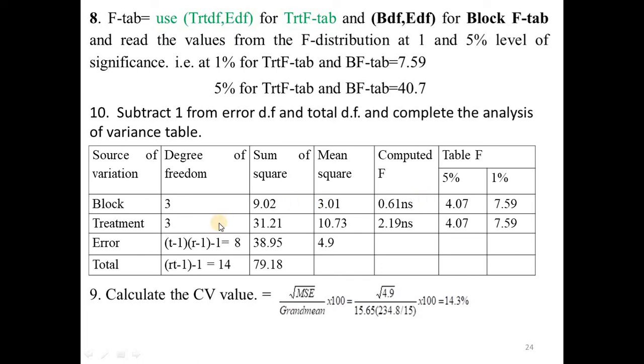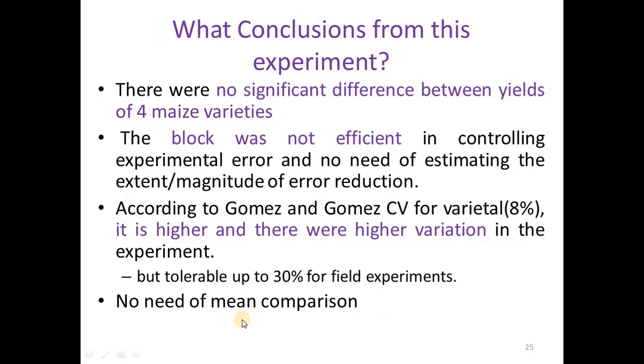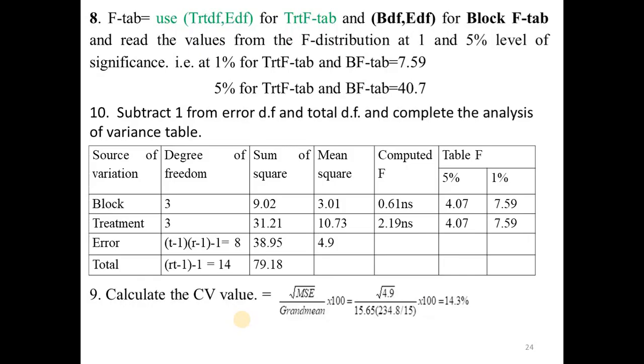Whereas when you see the treatment, similarly, this value 2.19 was less than the F table value at 5%, that means 4.07, and this indicates that there was no significant difference between the treatments. And what conclusions do we have from this experiment, from this table and the procedure?